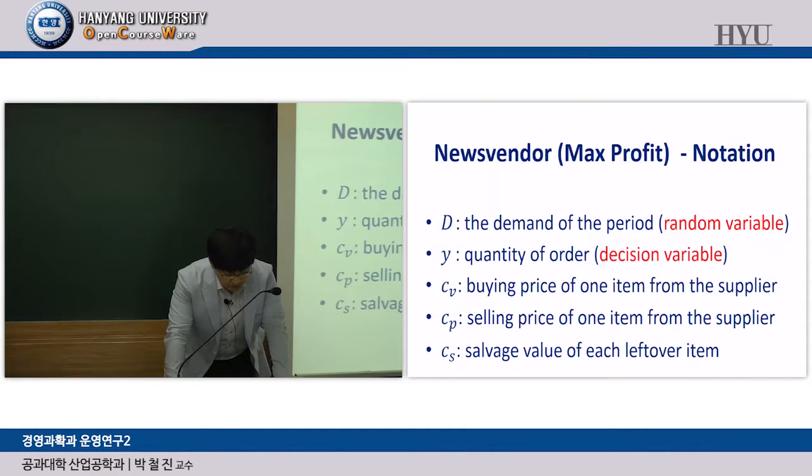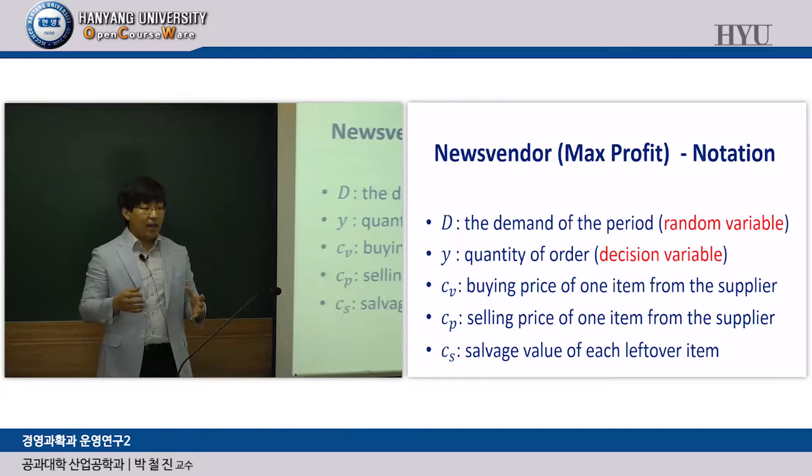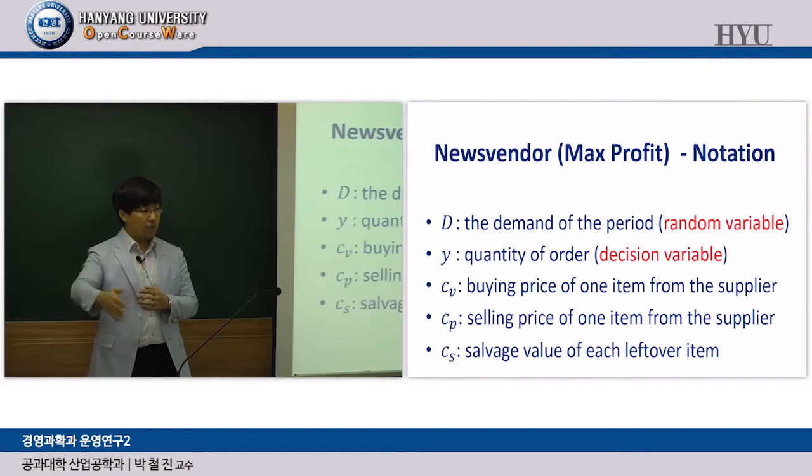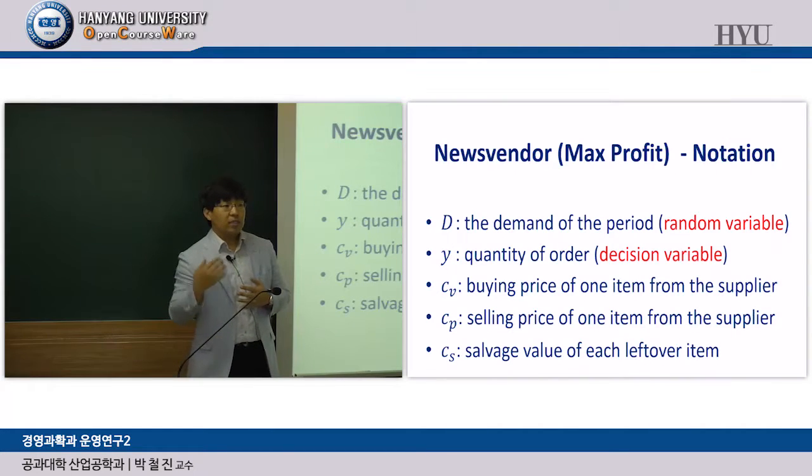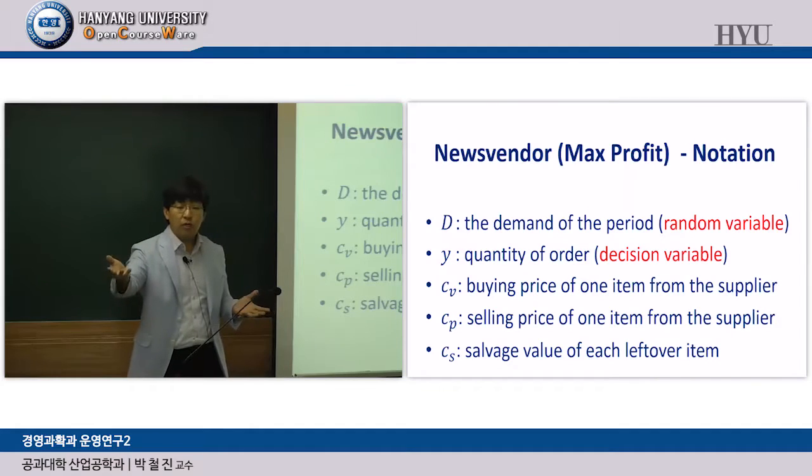C sub v is the buying price for a single item from the manufacturer. Let's say we can buy a newspaper for $1 from the manufacturer, the publisher, and then we can sell the newspaper for $2. Then C sub p can be this number, the selling price for a single item when we sell it to the customer.